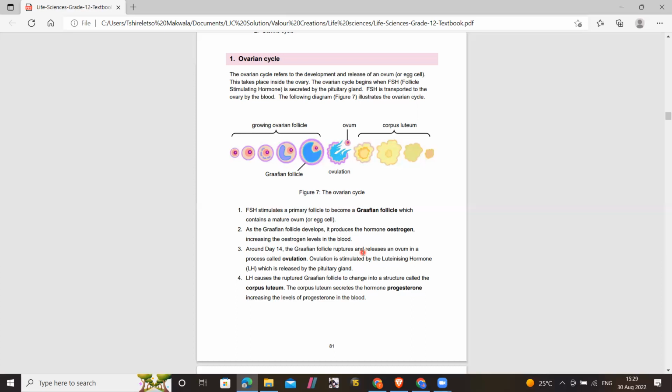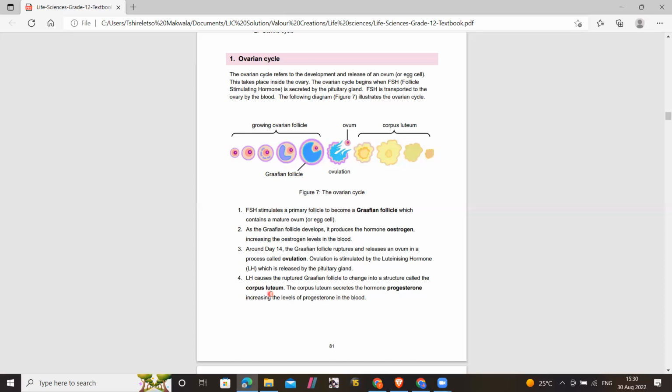LH also causes the Graafian follicle to change into a structure called the corpus luteum, and also helps with ovulation.